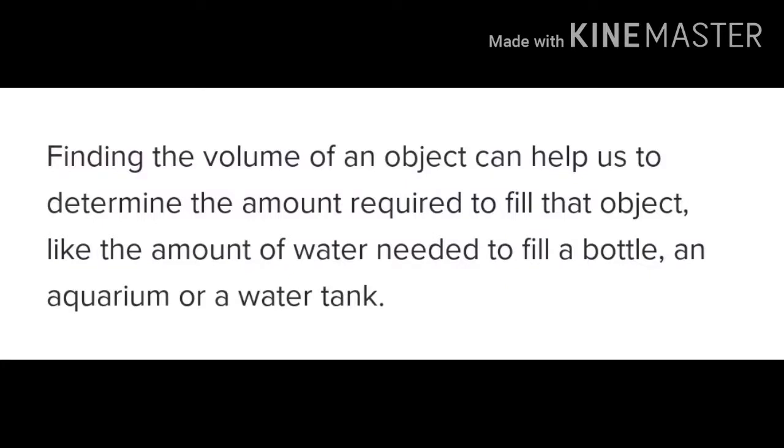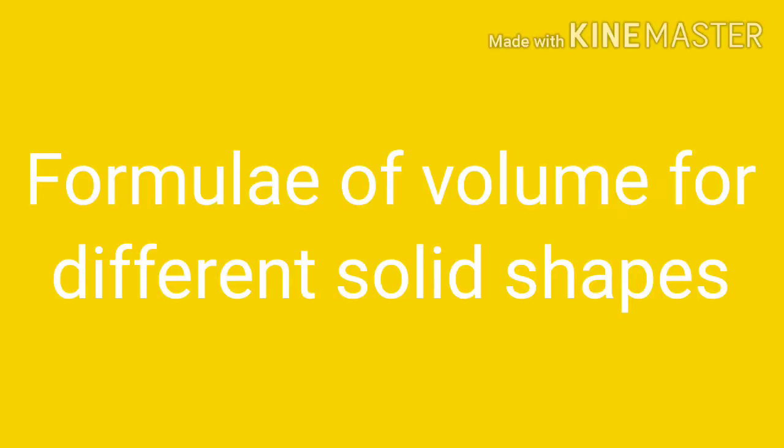Finding the volume of an object can help us to determine the amount required to fill that object, like the amount of water needed to fill a bottle, an aquarium, or a water tank, or the amount of juice required to fill a cylindrical can. Now let us see formulation of volume for different solid shapes.